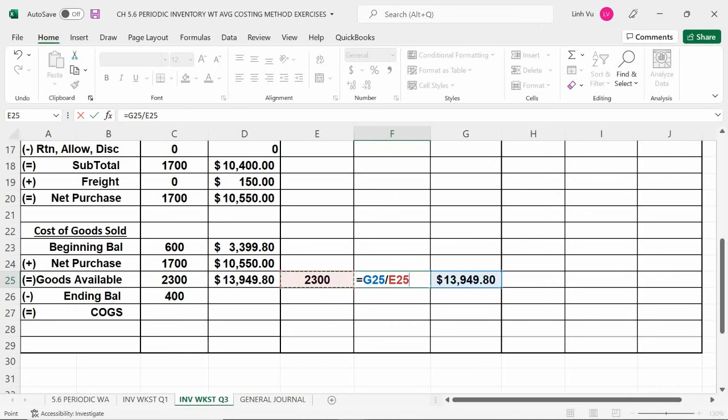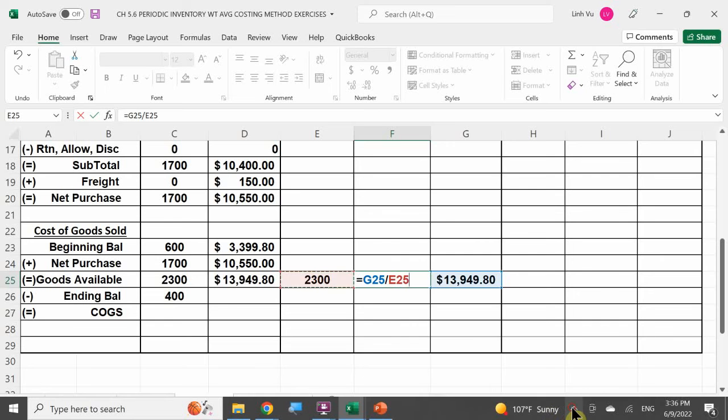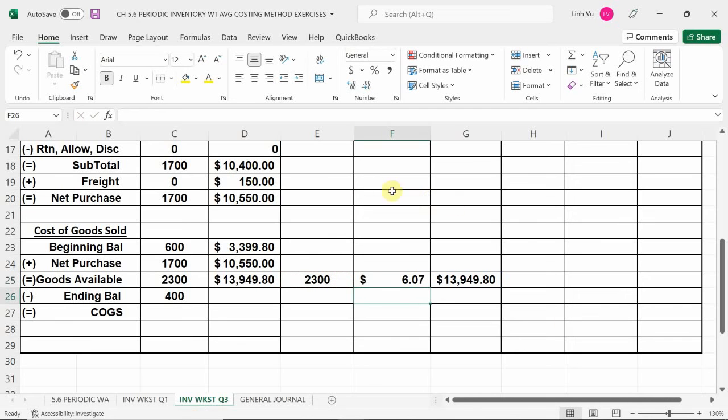It was $6.065130. Good. Excellent. Okay. So here I know that my ending balance is 400, so you can carry that over if you want to solve for that.